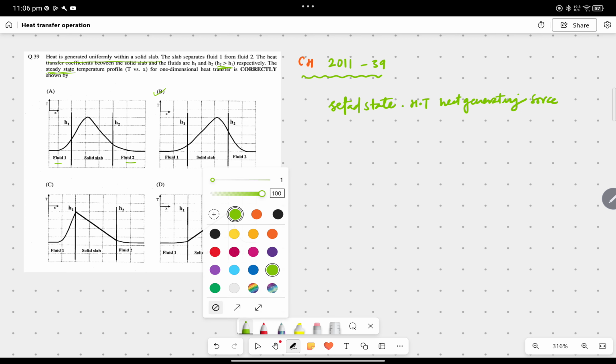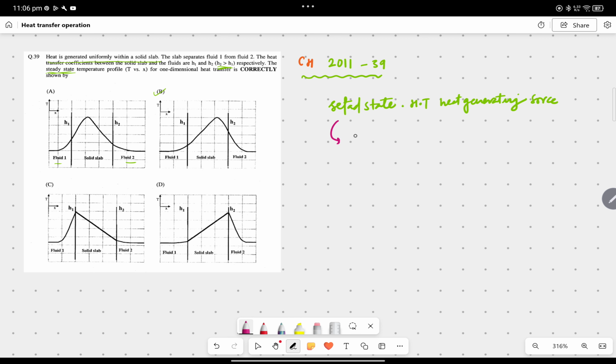Now what we are going to study is the equation that defines steady state heat transfer in a heat generating source: T is equal to minus (q_g/K) x squared by 2 plus C1x plus C2. So this is the basic equation that we get. How do we get this equation?